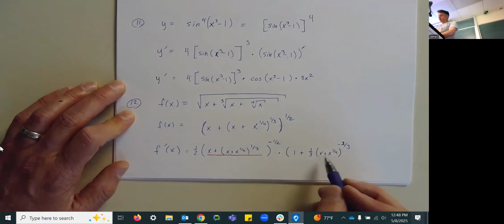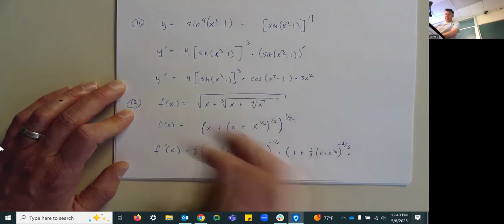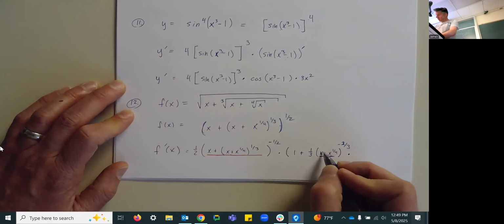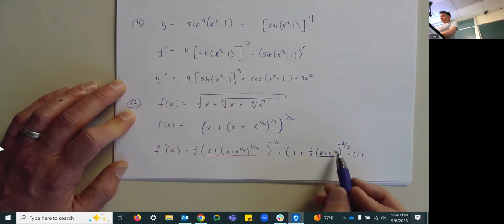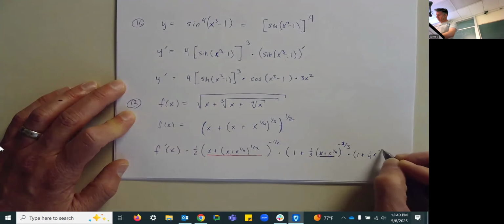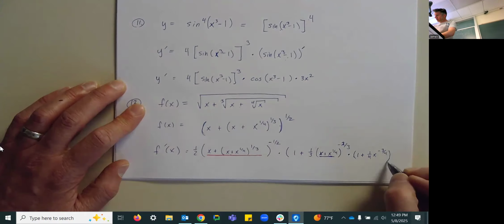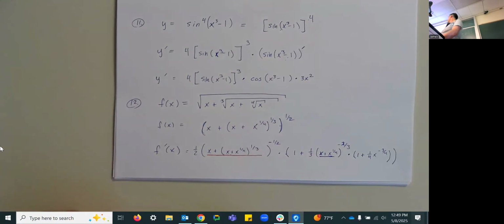And then we multiply this by the derivative of the inside, the derivative of x plus x to the 1/4, which is going to be 1 plus 1/4 times x to the negative 3/4. Close that parenthesis. Close that parenthesis. Pretty gnarly.